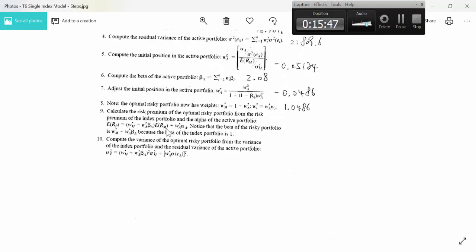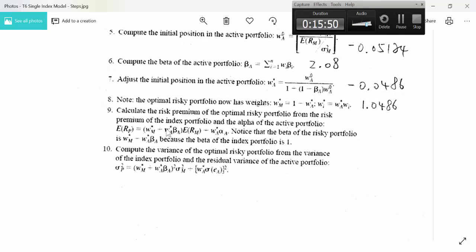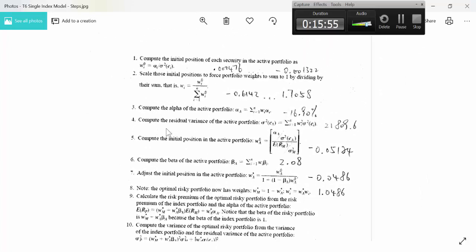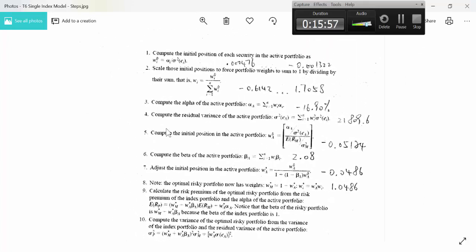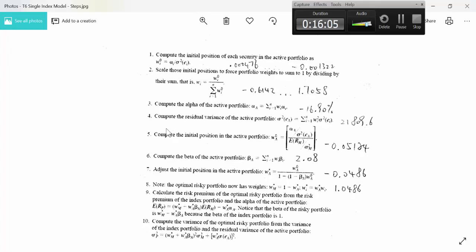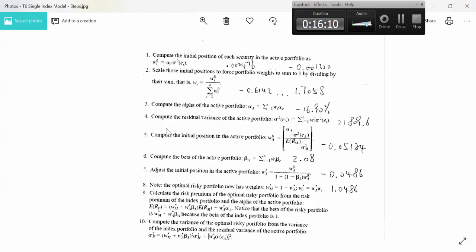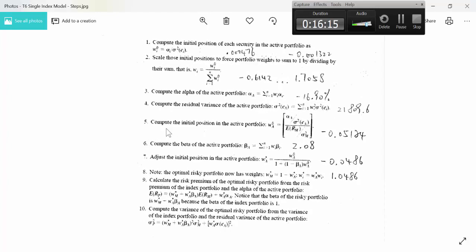I think you might remember that in tutorial 5 or 6, I gave you this little handout. This is the steps that you should follow for trying to run the numbers for the single index model. Now, in step number 7, it should be a plus sign. When you are adjusting the weight, the bottom should be 1 plus (1 minus beta A) multiplied by WA naught.